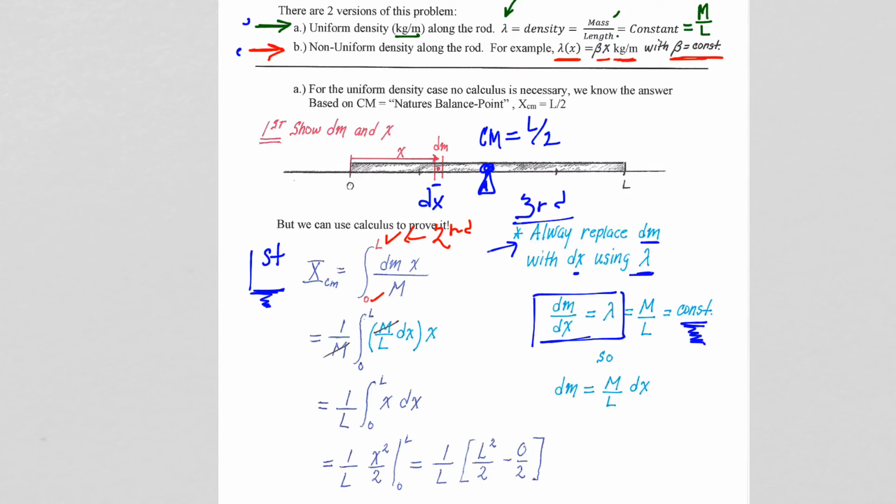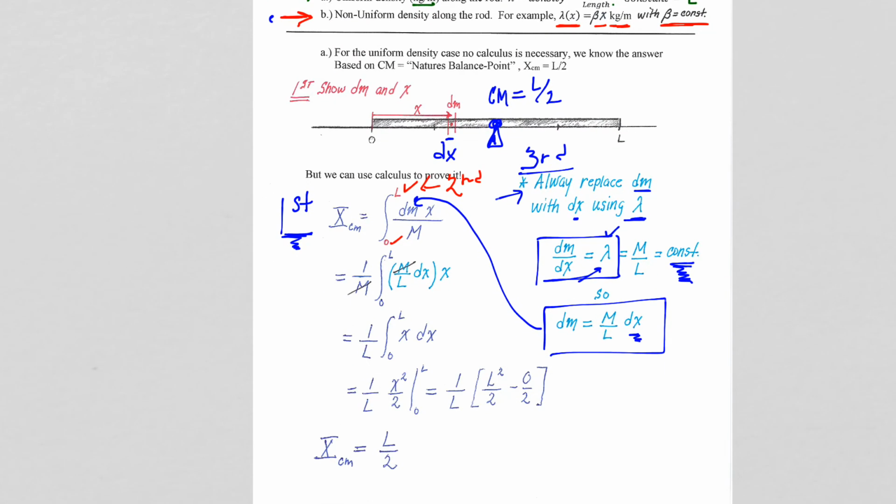So for your homework, you're going to plug in beta x for lambda, and then bring the dx up like we did here. In our example, we just take the dm and substitute it in here, and we are ready to go.